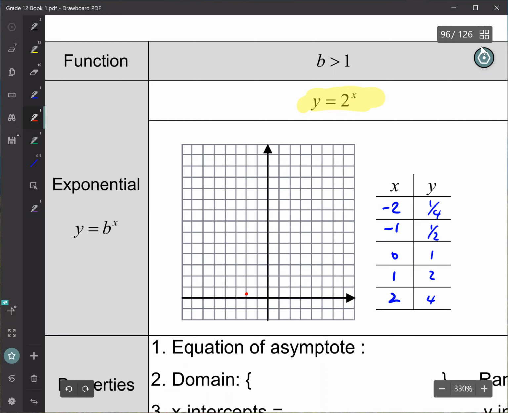Negative 1 will be half, so it will be in the middle. 0 is 1. 1 is 2. 2 is 4. If I do even more, 3 will be 8. So the graph will go this way, rising up very quickly as we go to the right side.